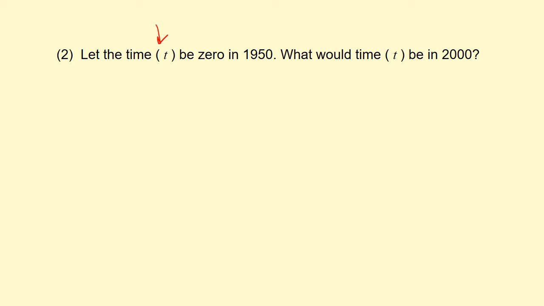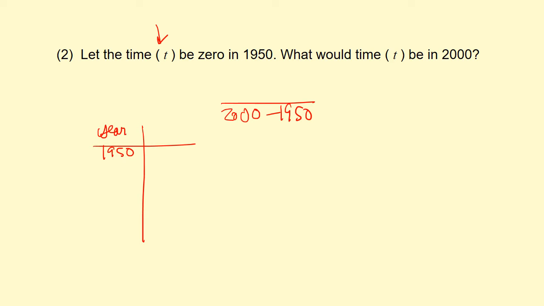So when you figured out the slope, you probably put in 2000 minus 1950 in the bottom, and you got a number, but those are pretty big numbers on the bottom of your calculation there. And so what we're going to do to make our lives a little easier is do the following. So if my year is 1950, this is my year, and this is t.